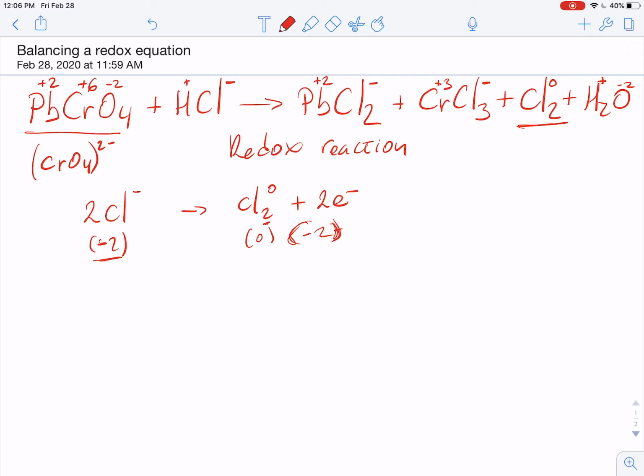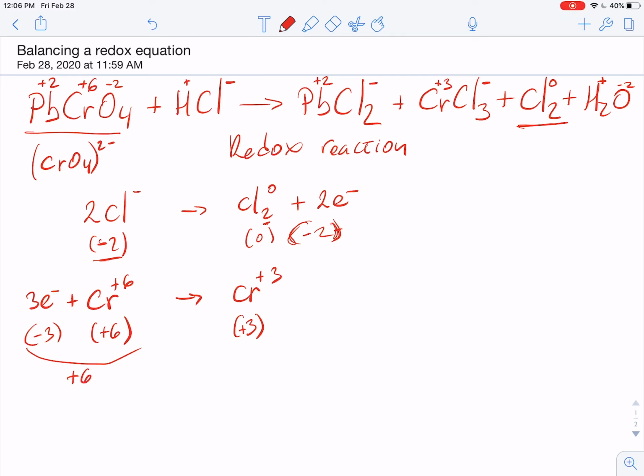Lead is going from +2 to +2, nothing is happening to lead, so we leave it alone. For chromium we are going from +6 to +3, so you need to add 3 electrons here. Now -3 and +6 give you +3. Okay, so these two half reactions are balanced.